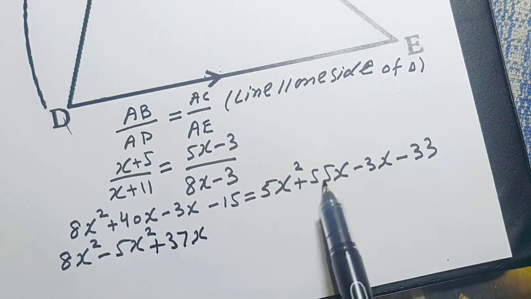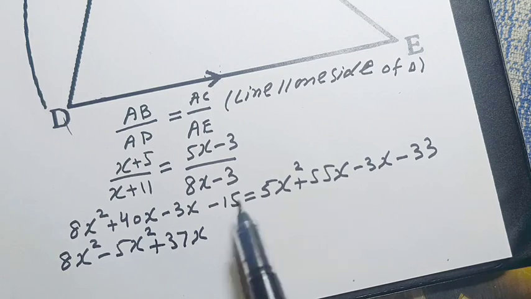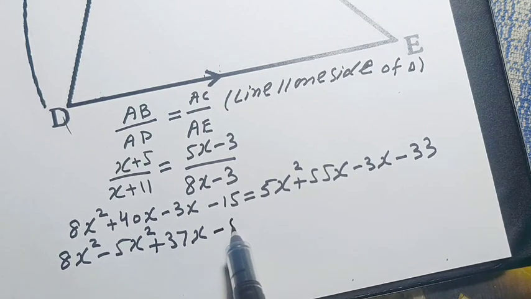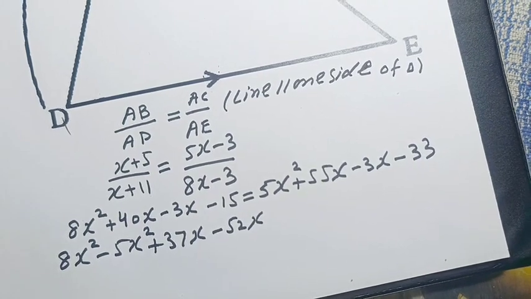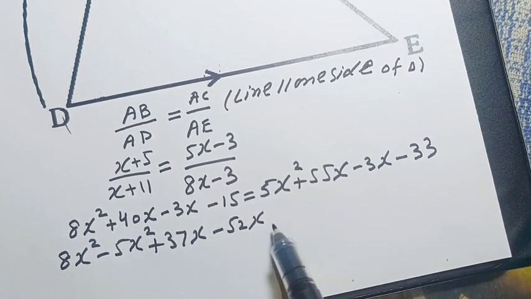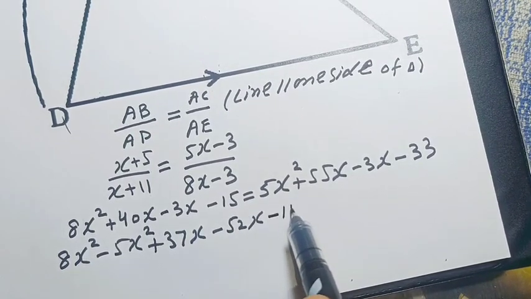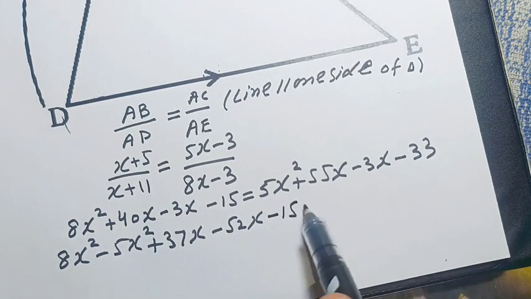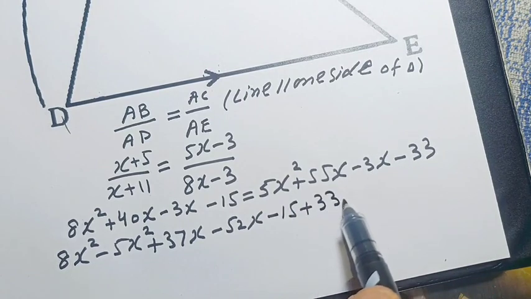And 55x and minus 3x become 52x, and when you pull it over this side it becomes negative 52x. And negative 15, and this becomes positive 33, is equal to 0.